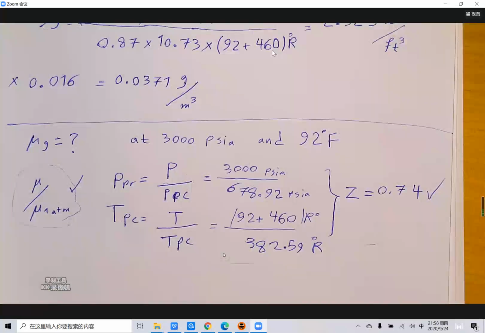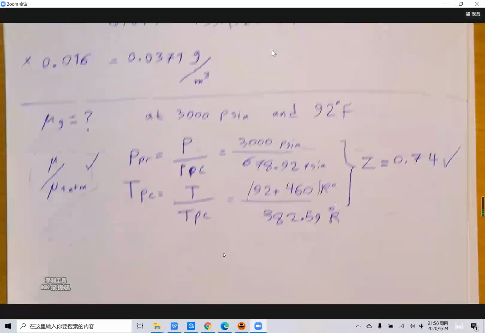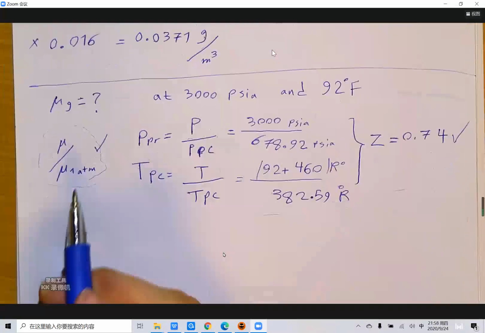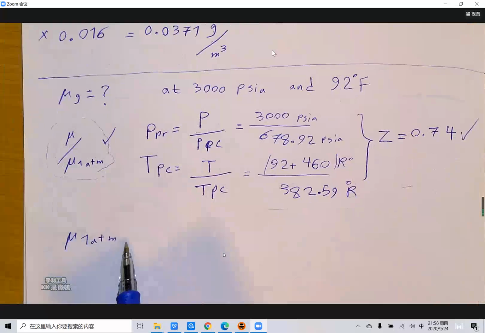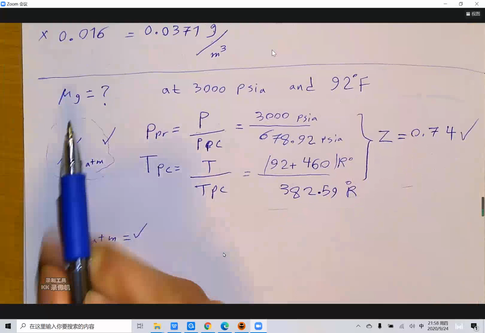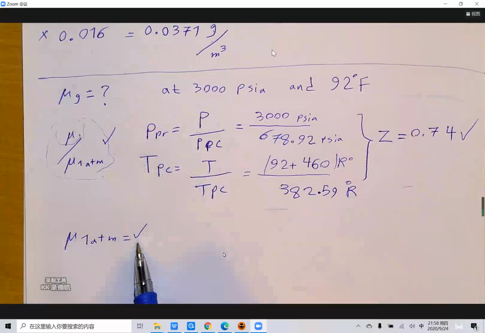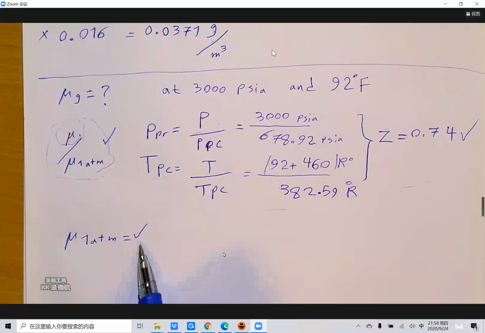Once you have this ratio, you need to find the viscosity at 1 atmosphere pressure. Again, we have the figure for 1 atmospheric viscosity, and the data we need in that figure is the molecular weight of the gas and the temperature of the gas.